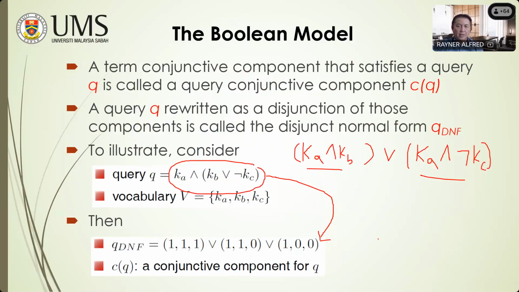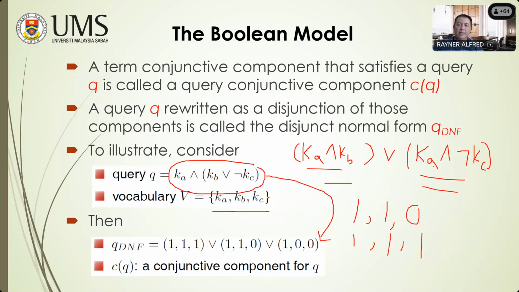So meaning that we could have this or this. If we have this vocabulary, basically we need to have one and one, right? So we don't care about C. So we have one, one, one. Okay.